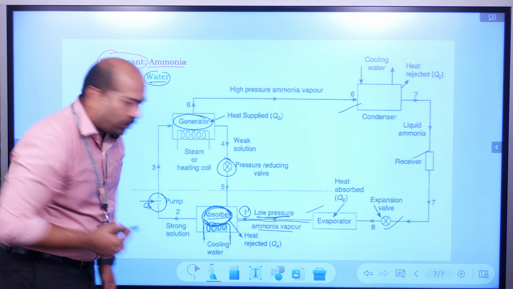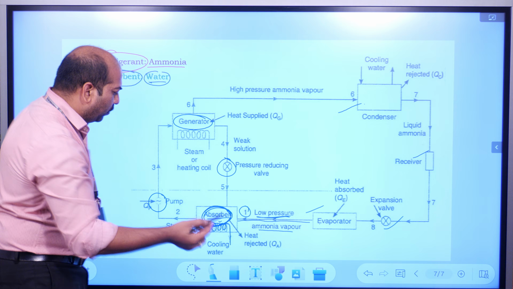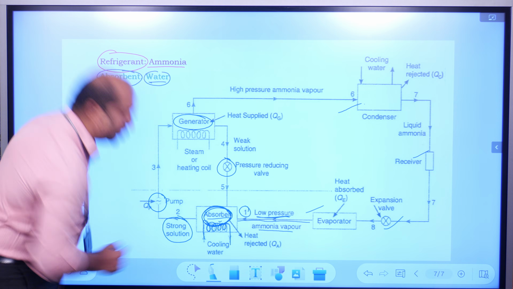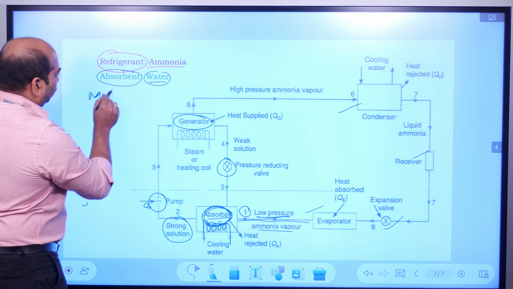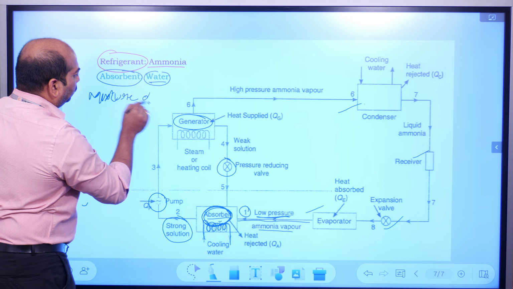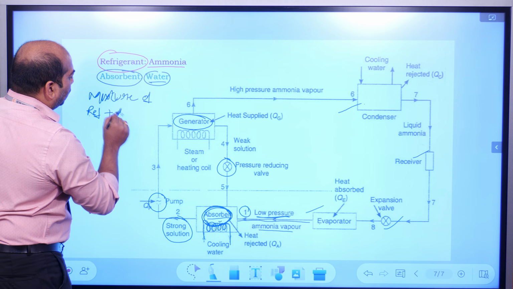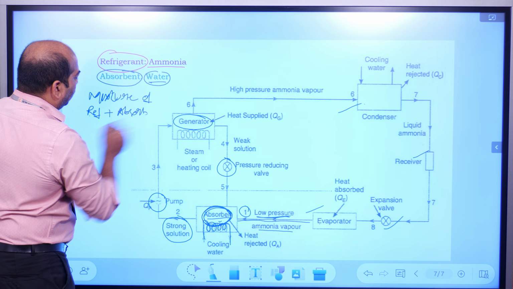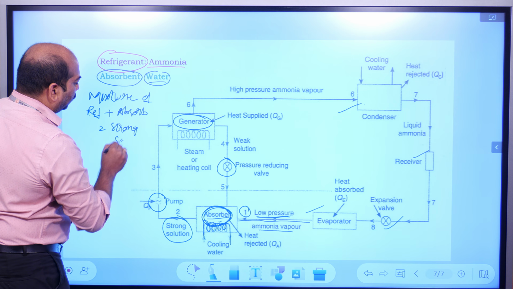Here the mixture of water, the absorbent, and the refrigerant makes a strong solution. The mixture of refrigerant plus absorbent is known as the strong solution.